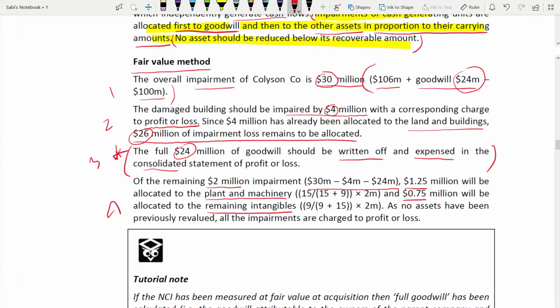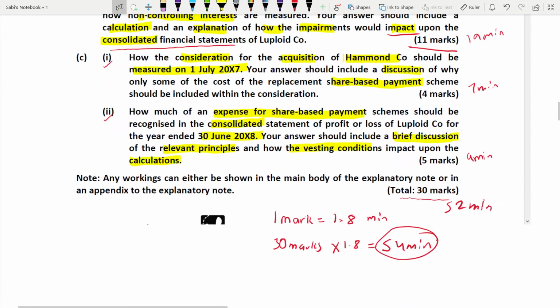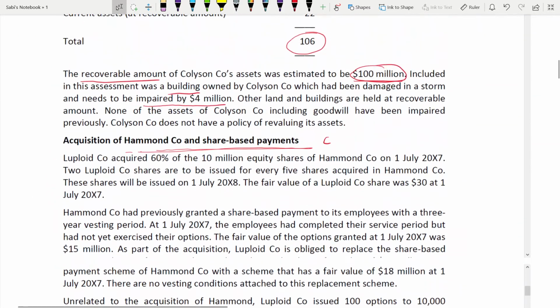It is 2 million. But they told us according to the carrying value of the asset, okay? So it will be 15 plus 9. How did they get this? 15, 50. Let us go there. You need to go there.